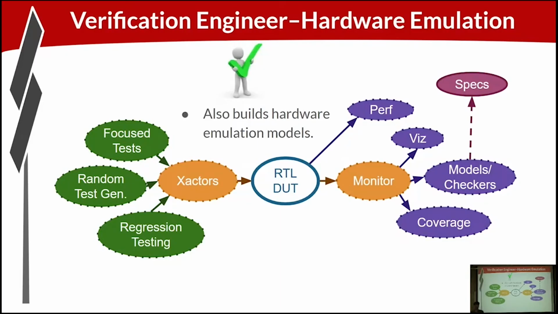So these hardware emulators will have FPGAs for running the design under test. That'll be connected up with a host system that would run the transactors and monitors, etc. Obviously, the FPGA is executing behavior very quickly. Whatever you have running in software is going to run, by comparison, much slower.